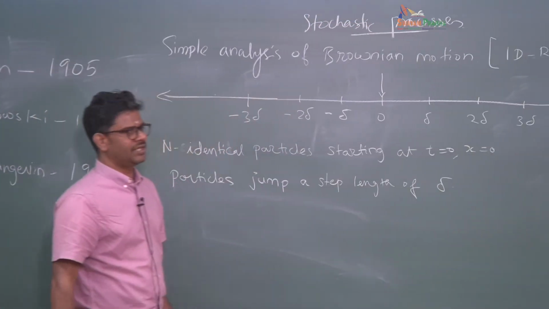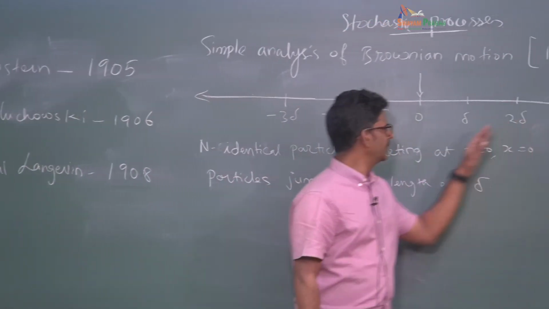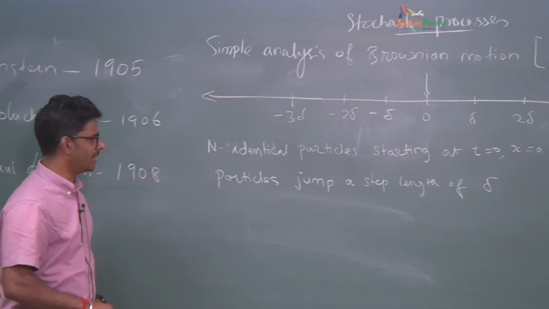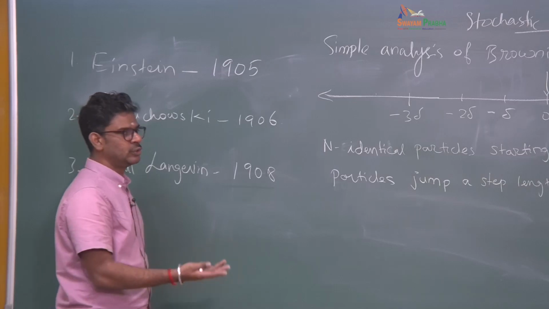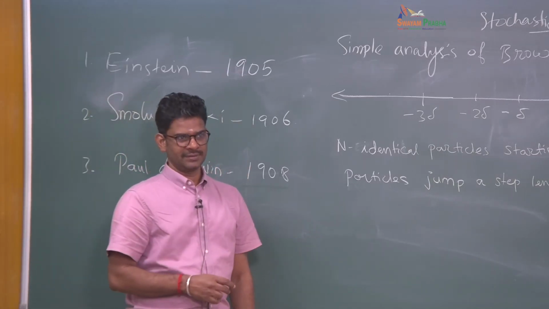Now next is about the direction, whether it's going to be only going forward or only going backward. Here we say another rule. We say that the particle can choose either direction at equal probability.